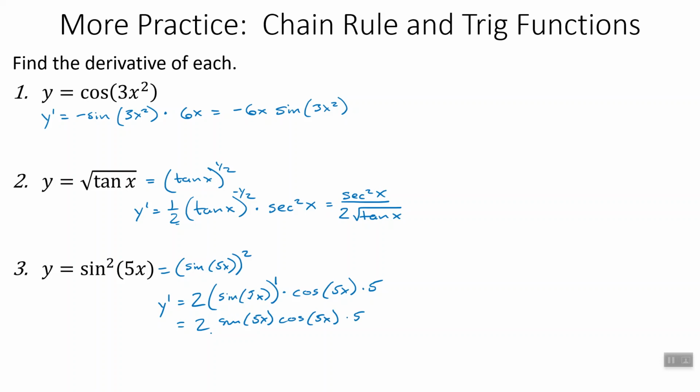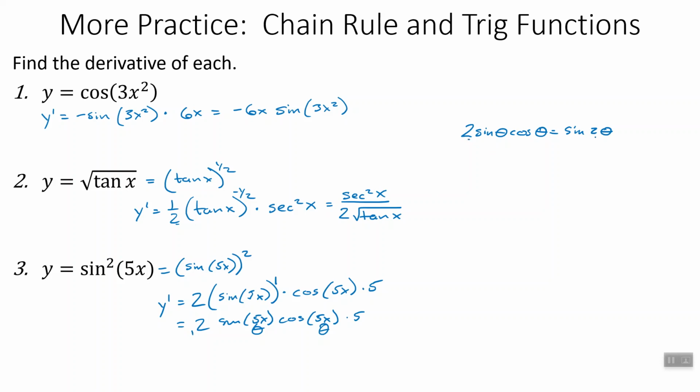Yeah, we can leave it like that, or we can, well, there's a trig rule if we want. 2 sine of theta cosine of theta equals sine of twice whatever theta is. So in this case, our theta would be 5x. And we have the 2 here out front already.